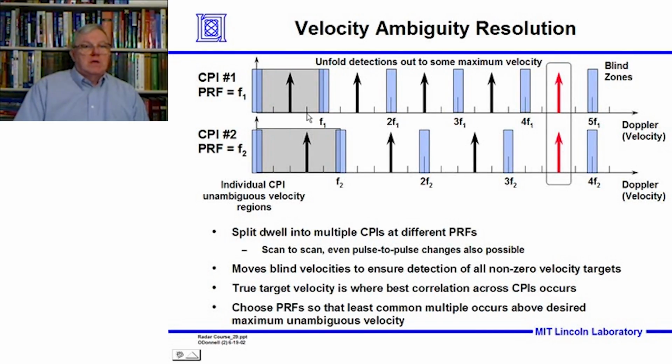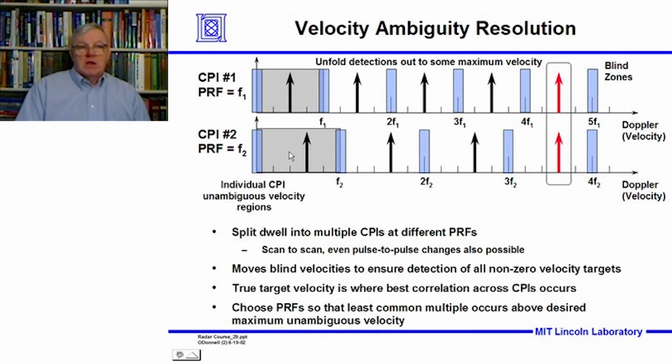And we have in real Doppler space a target up here, and this is its real Doppler. Now, in this particular case, there's a velocity ambiguity, because this is the PRF for the first PRF, this is the blind speed, the blind Doppler velocity.